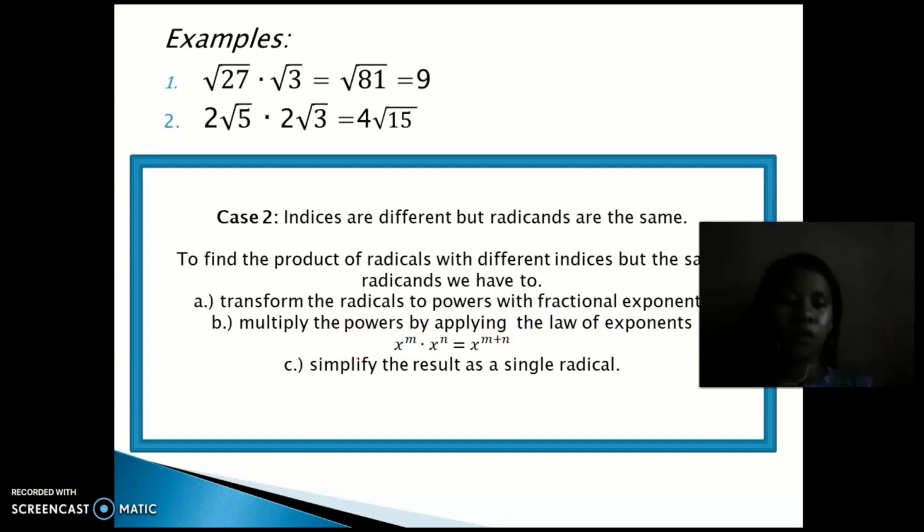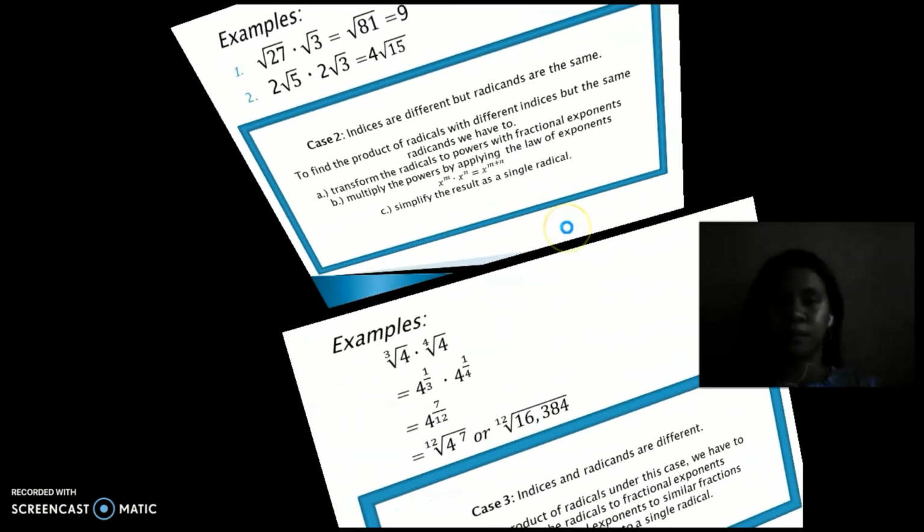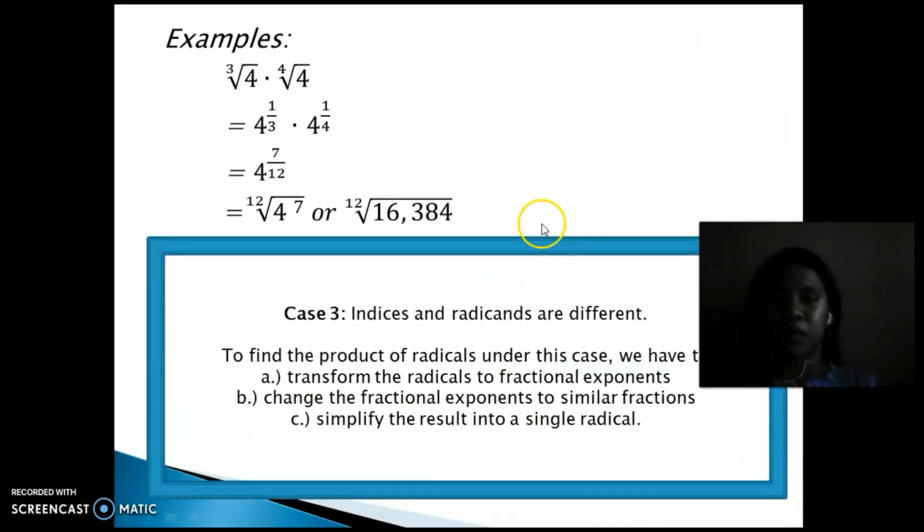If you remember the law of exponents, in multiplication, we are just going to add the exponents. We will tackle that in our example, and you will understand more in our example. C, simplify the result as a single radical.